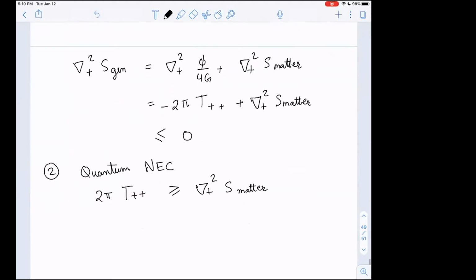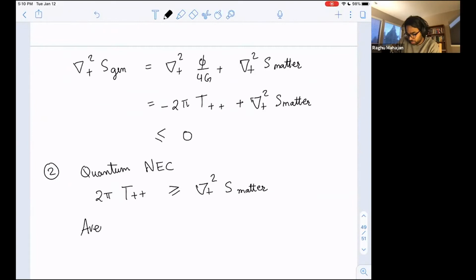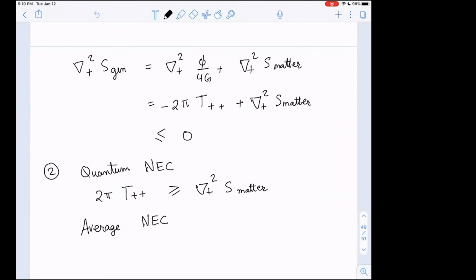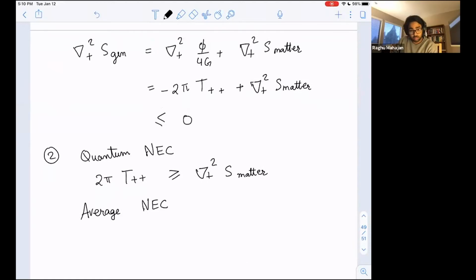And what Jungi was asking about is the average null energy condition, which is an integral of this. If we integrate this equation, integral T++ dx plus, the right-hand side is a total derivative. So if we assume that the quantity goes to 0 at the ends of the integration regime, this is positive. So the quantum null energy condition is a stronger condition than the average null energy condition.